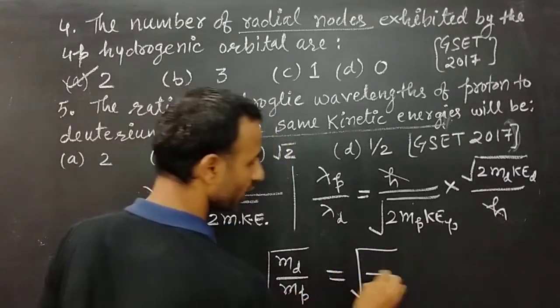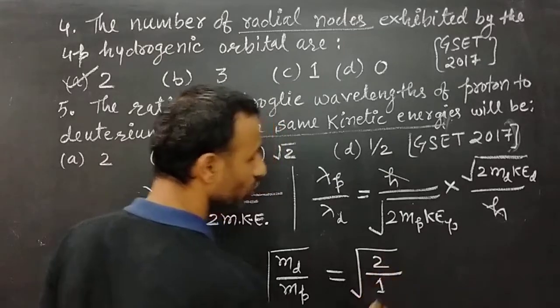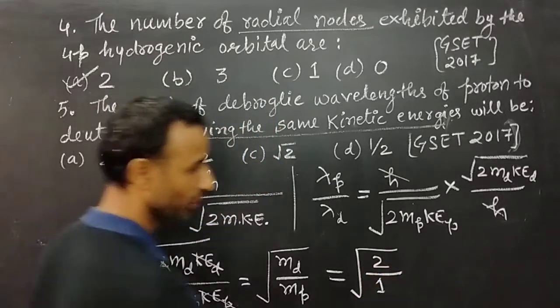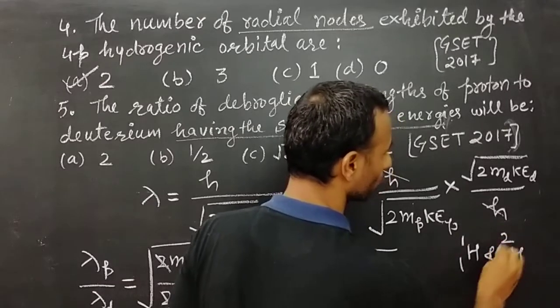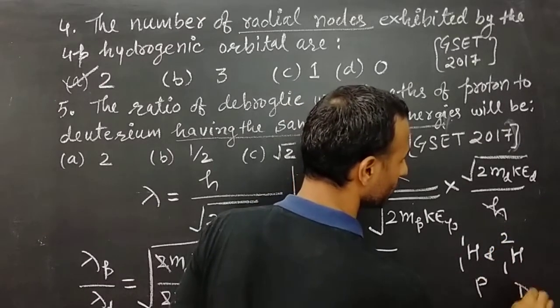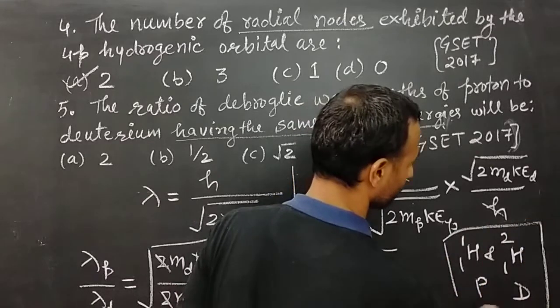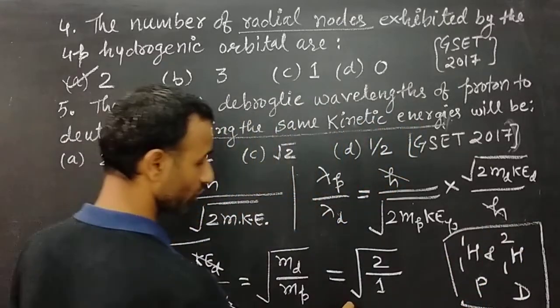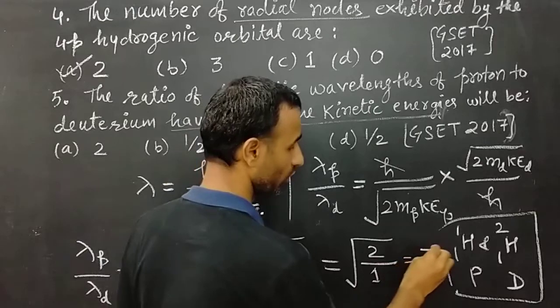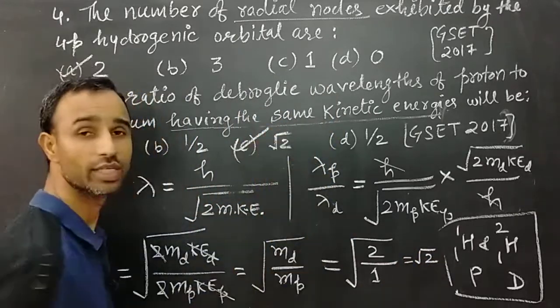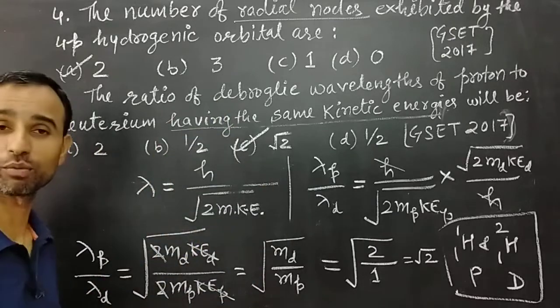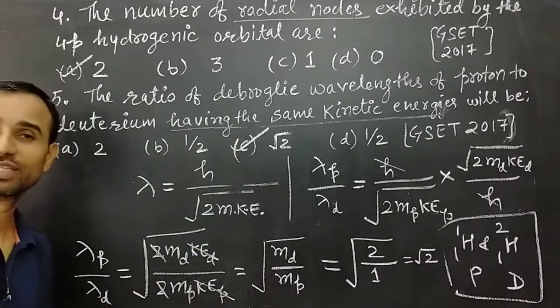Mass of proton is 1 unit and deuterium is 2 unit, because 1H1 and 1H2, this is protium and this is deuterium, right? So this is equal to under root 2. So that means option C is correct. So these are the questions from GSET 2017.